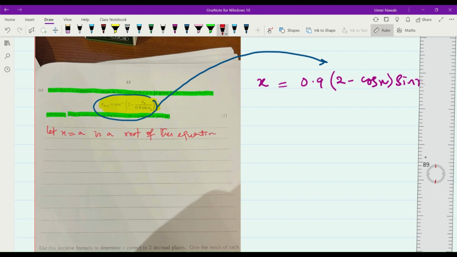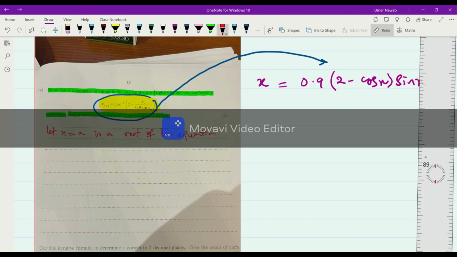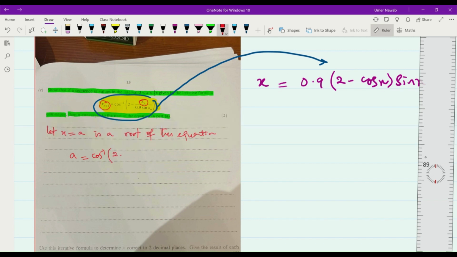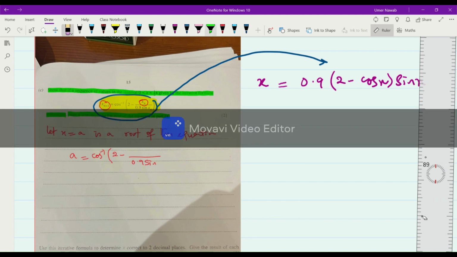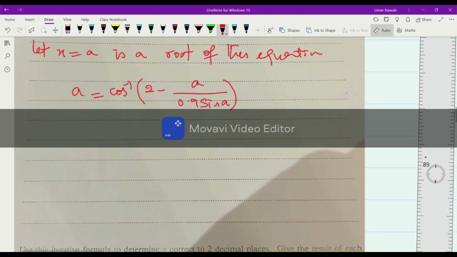So for sure, the iteration is going to converge towards a. So I'm going to substitute a in the place of x. So a is equal to shift cosine of (2 minus x over 0.9 sin x). In the place of x, substitute a, because a is the root of this equation.